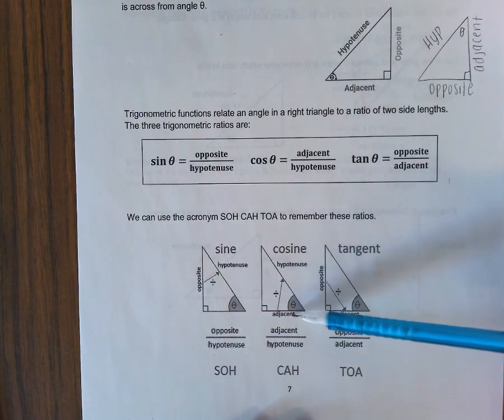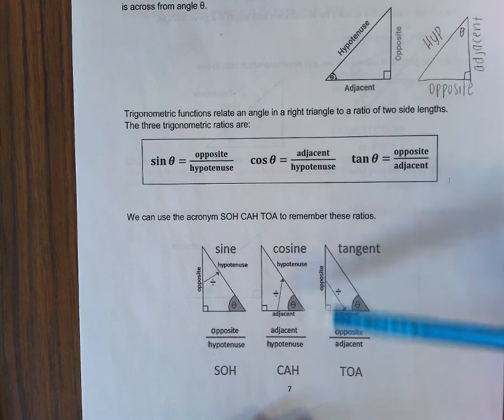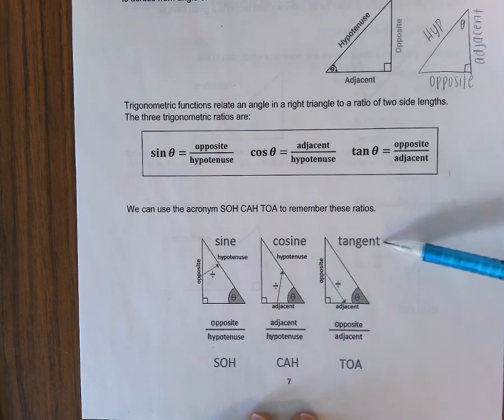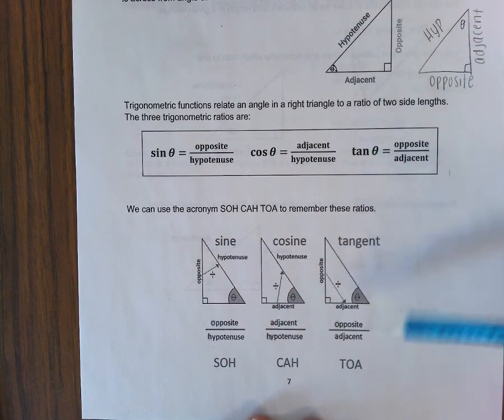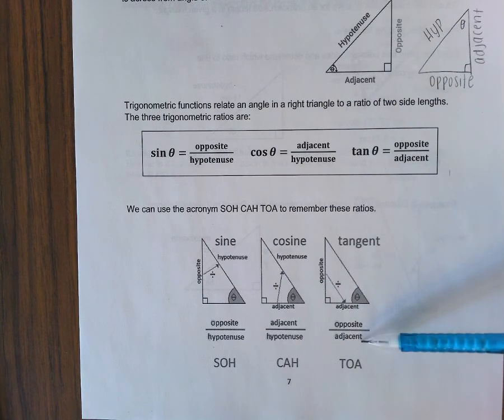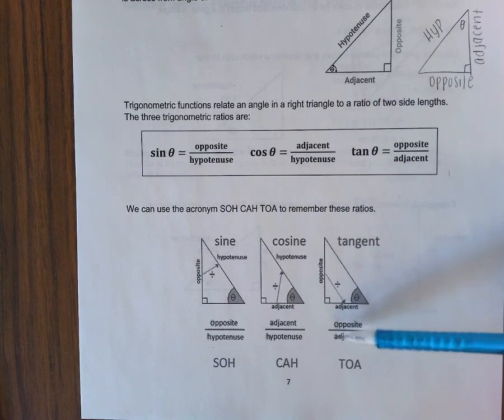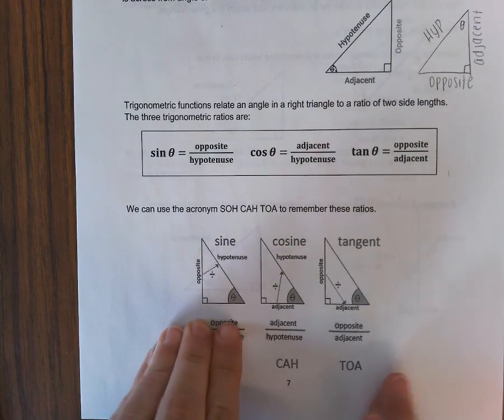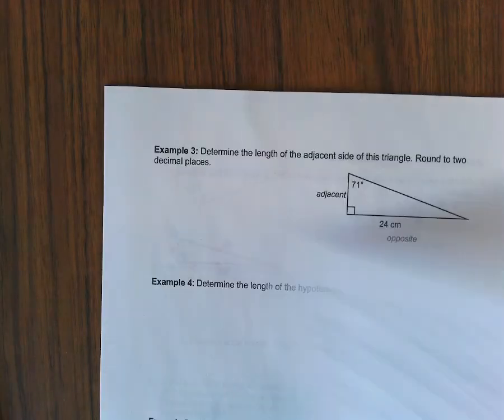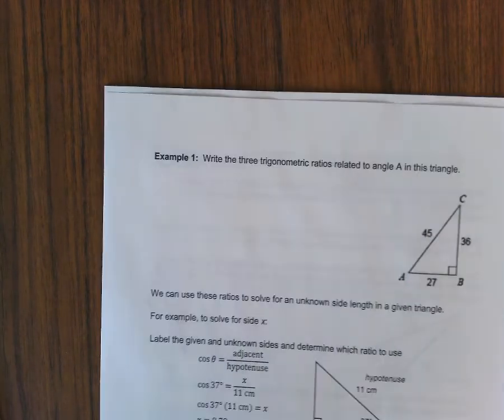Cosine is adjacent over hypotenuse, CAH. And tangent, or tan, is opposite over adjacent. So TOA. Tan, opposite, adjacent, TOA. So how can we use these ratios to enable us to solve for sides?